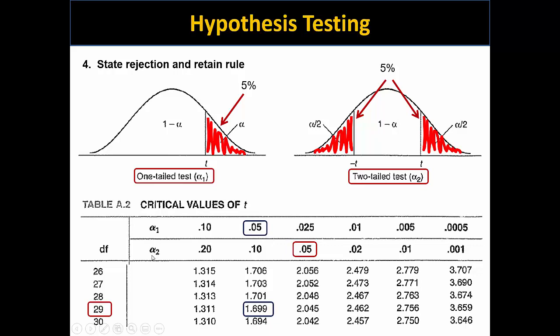So with the two-tailed approach, we use the alpha 2 row here, and we go down and we see we have a larger critical t-value.